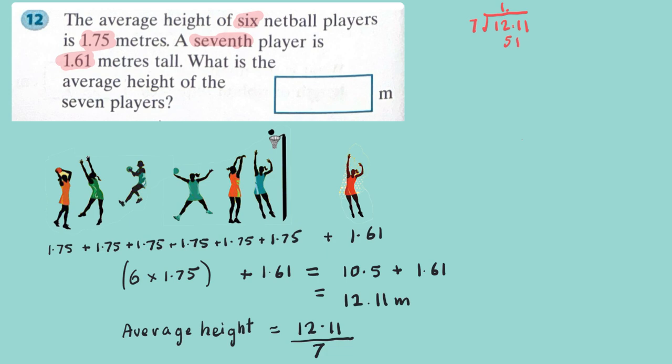Bring down the 1. 7 into 51 is 7 times. 7 times 7 is 49. So we put 7, and there is 2 over. Now bring down the other 1, and 7 into 21 is 3. So that means that the average height is 1.73 meters. We have to write this down in here, 1.73 meters.